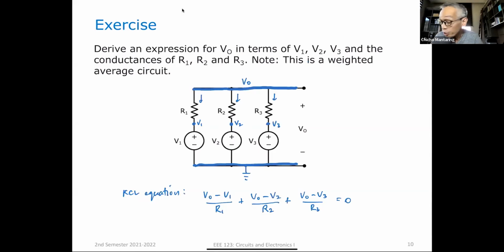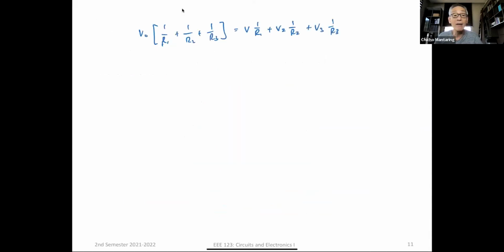Right? So itong mga terms na to, lalagay ko sa kabila, I put the other side of the equation. So this term is V1 over R1, this is V2 over R2, this is V3 over R3. I just put it on the right side. So notice now this is V sub O. 1 over R1 is G1, 1 over R2 is G2, 1 over R3 is G3, and that is equal to V1 G1 plus V2 G2 plus V3 G3.